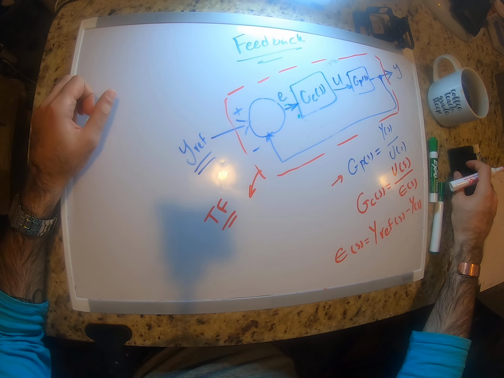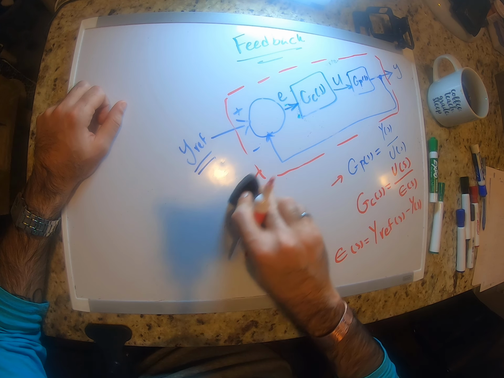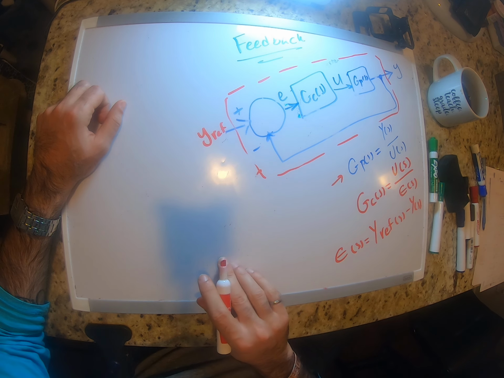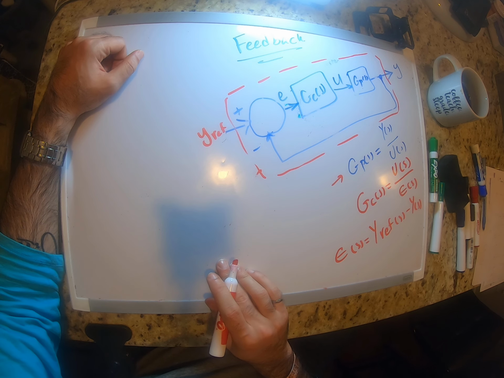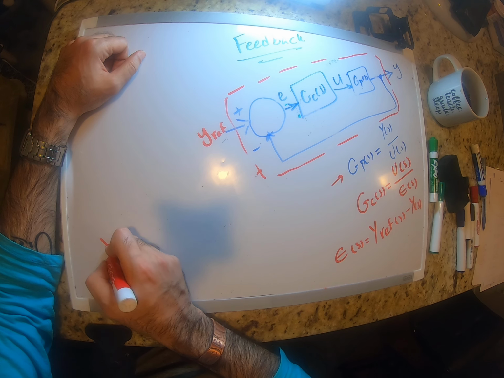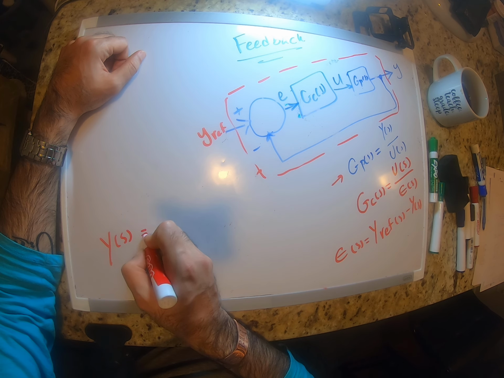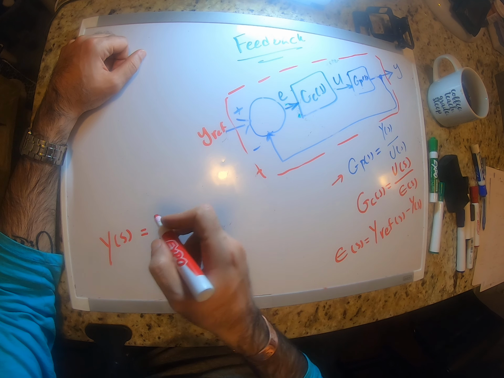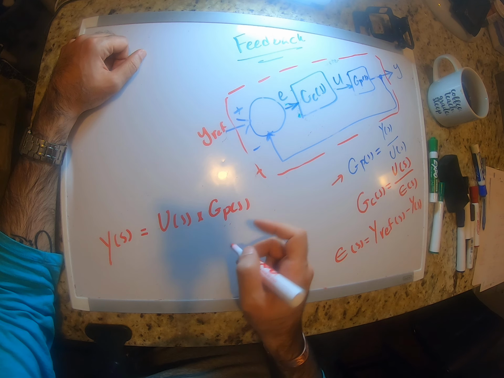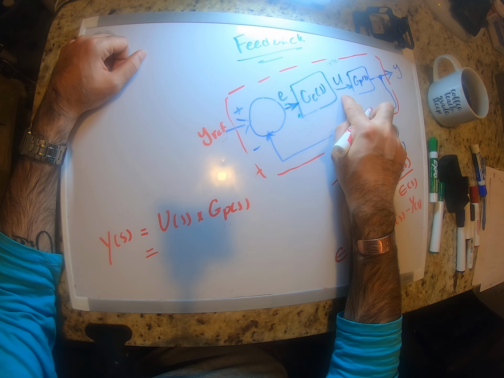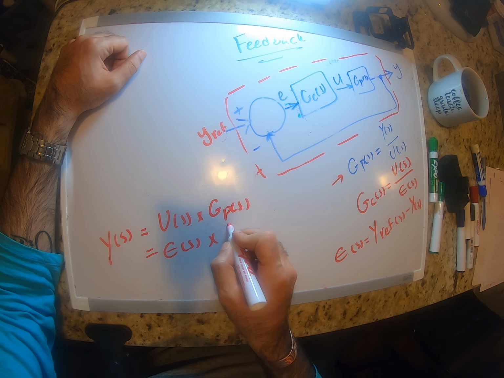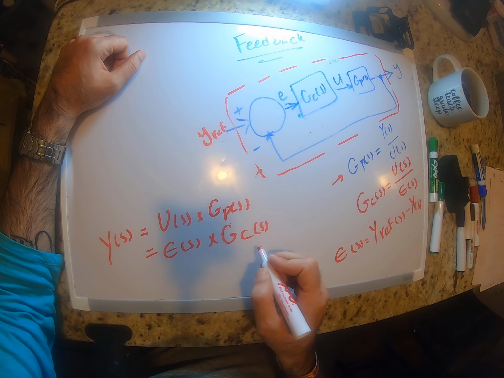So let me actually, we did this before, it's a review, but it's an important concept, so let's do it one more time. I want to find Y of S. And we said that Y of S is equal to U of S times G_P of S. And U of S itself is E of S times G_C of S. Right?